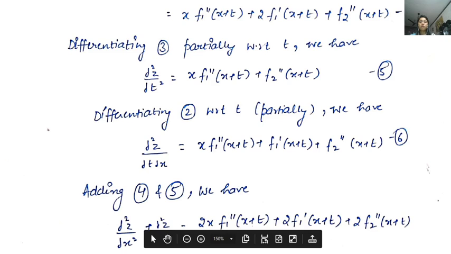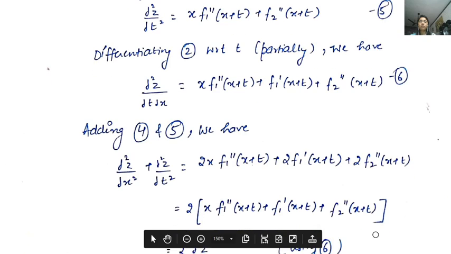Now when we take 2 common from this, we have this. Right hand side of equation 6 is same as this expression in the bracket.